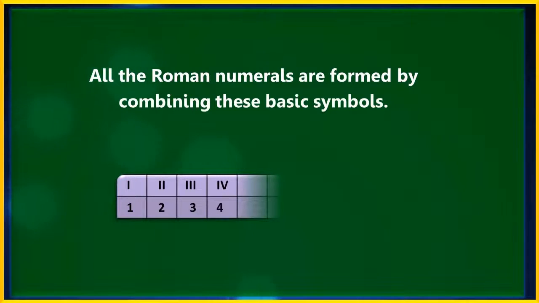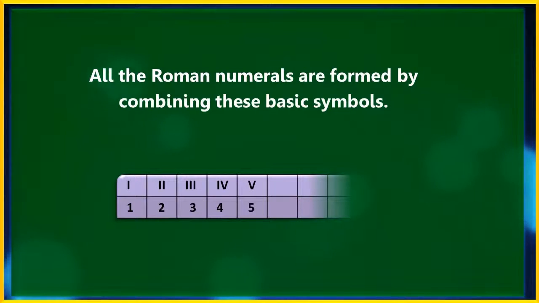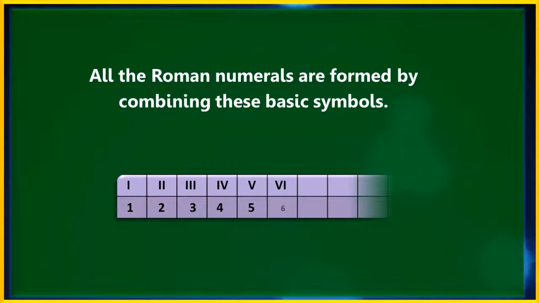Roman numeral IV represents 4 in Hindu-Arabic numeration. Roman numeral V represents 5 in Hindu-Arabic numeration. Roman numeral VI represents 6 in Hindu-Arabic numeration.